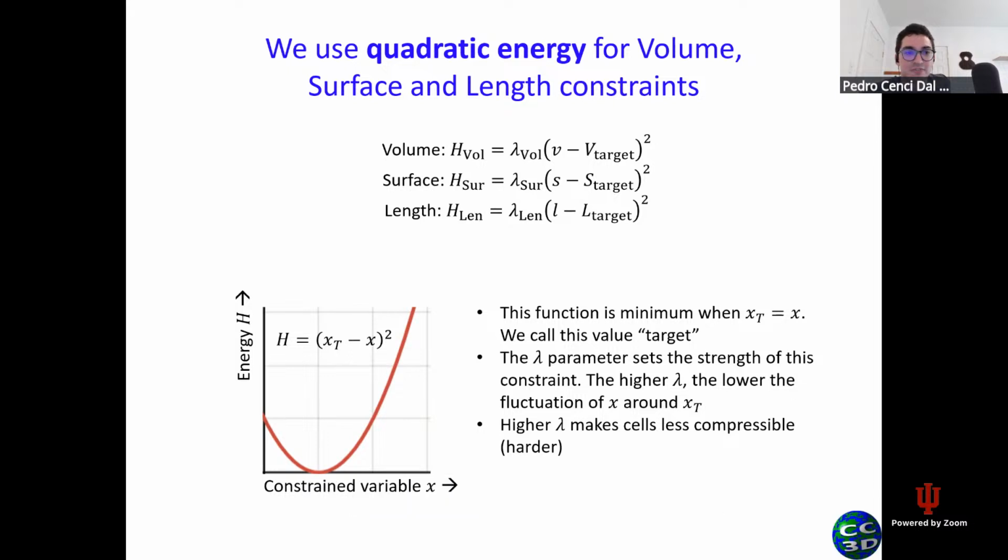What happens if we set target volume of 0? Cell vanishes, correct?